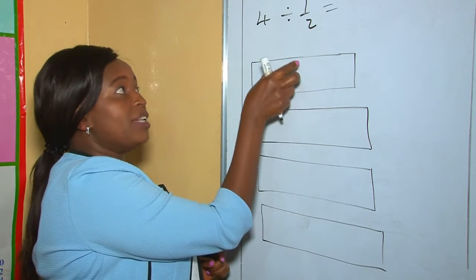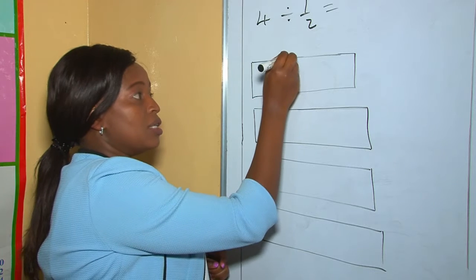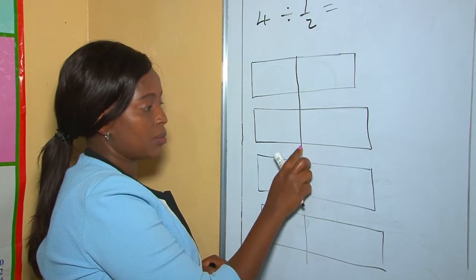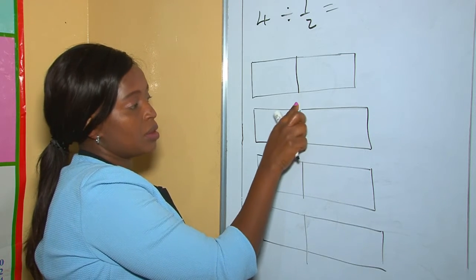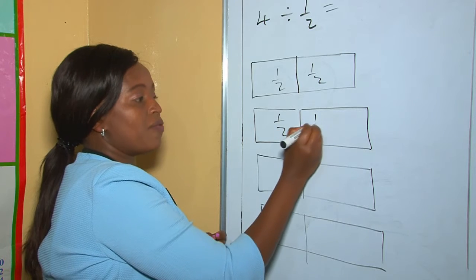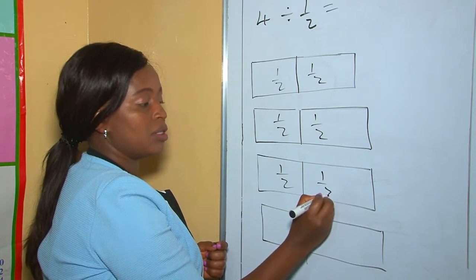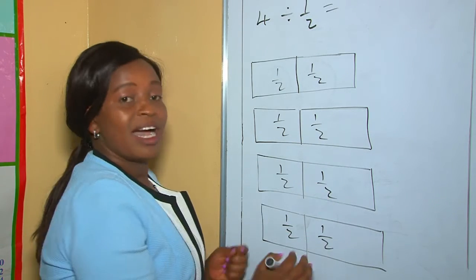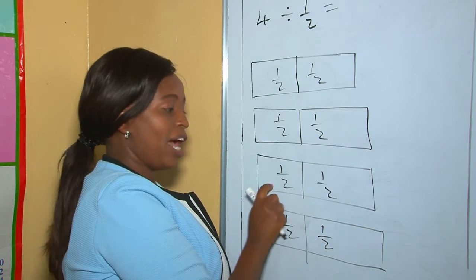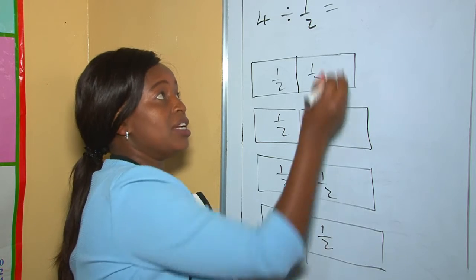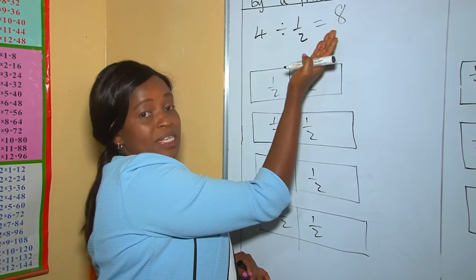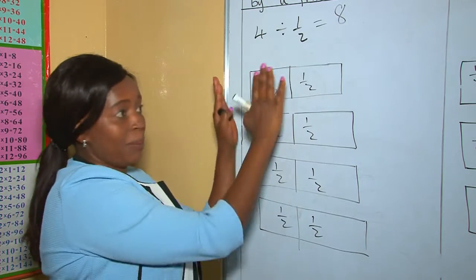So we are now supposed to divide these 4 into halves. Therefore, this is a half, half. How many halves are there? 1, 2, 3, 4, 5, 6, 7, 8. There are 8 halves. Therefore, 4 divided by a half is 8. This is using the practical way.